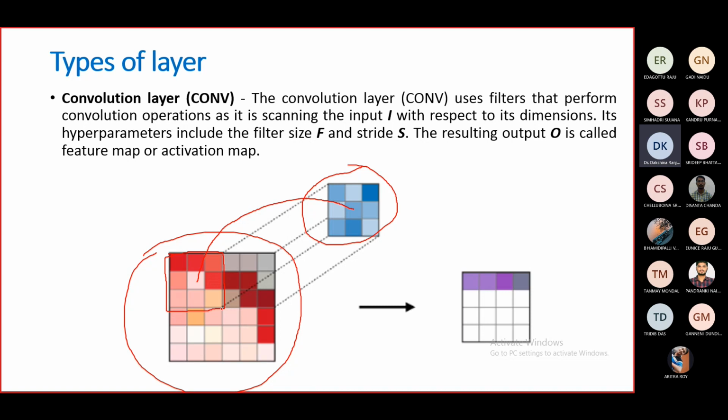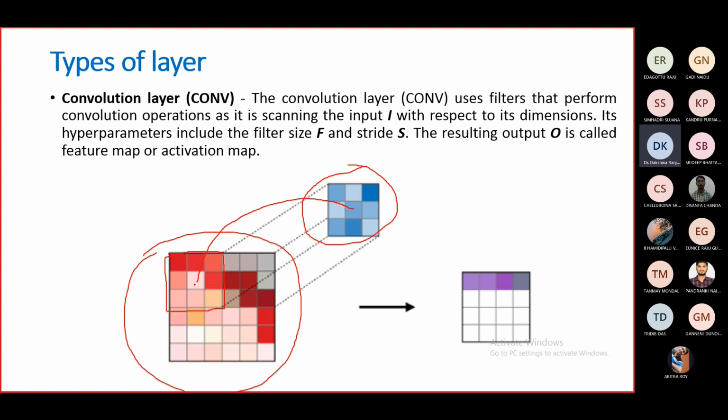That means this area is defined as the receptive field, and the center of this receptive field will coincide with the center of the filter, or this filter is also called a window. Now we will take the sum of the product between the filter elements and the pixel values within this defined area in the input image.